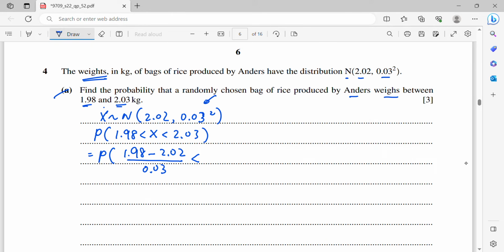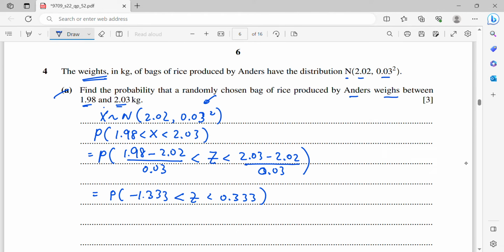Once you have standardized it, no more X, we change to Z. Then here will be 2.03 minus 2.02 over 0.03. When you calculate these two values, you get P between -1.333 and 0.333.